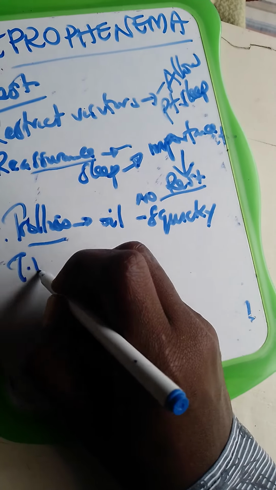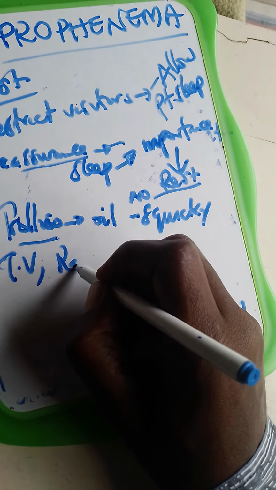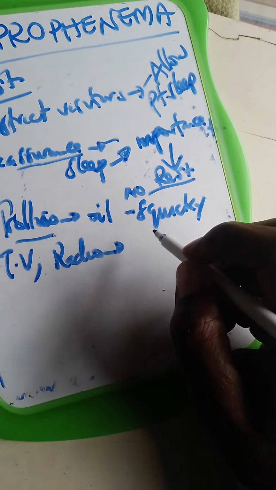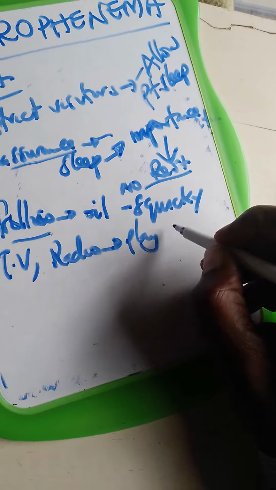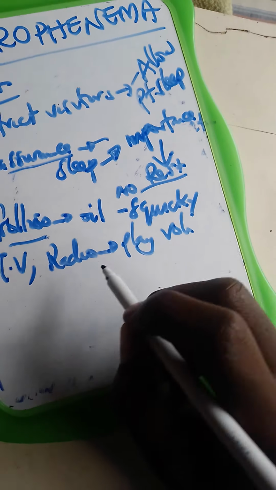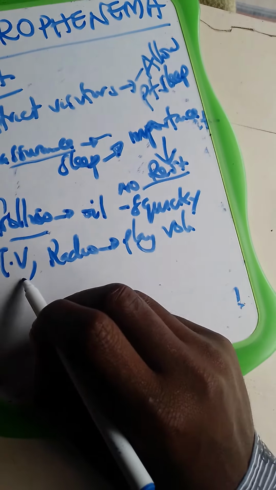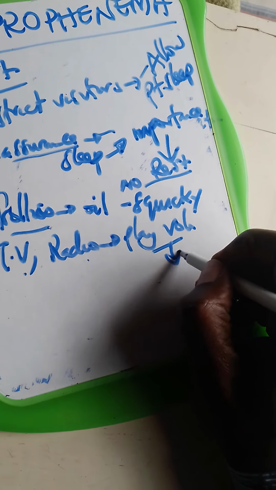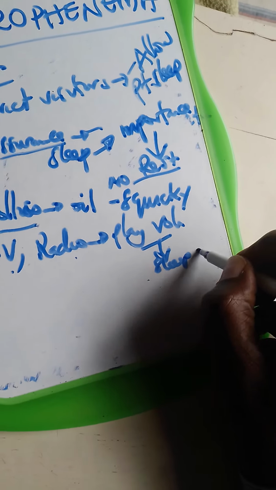Then what about the TVs and the radio on the ward? What do you do with them? You need to play them on low tone or low volume, so that the patient can sleep or have enough rest.